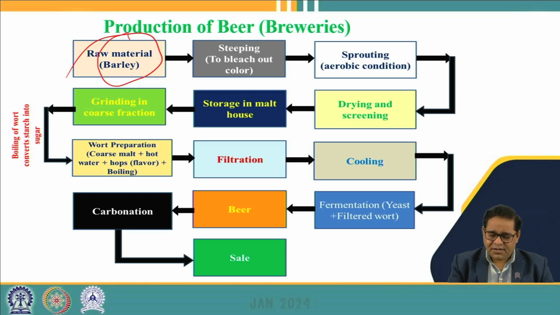Here, first of all, this raw material is stored in the yards. From the storage tank, it is taken to the next unit operation, where steeping of this raw material is carried out. Here the raw material is mixed with a lot of water, and thorough mixing and cleaning is done so that the color, the major impurity, can be bleached out.